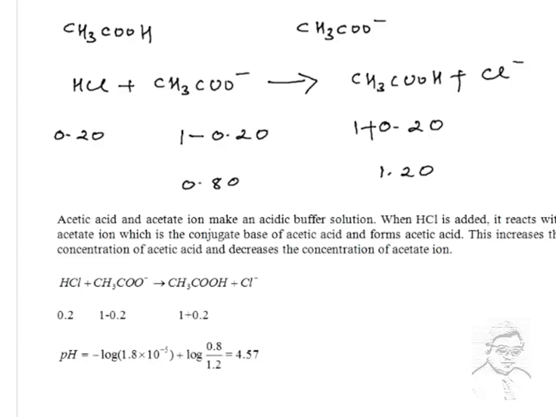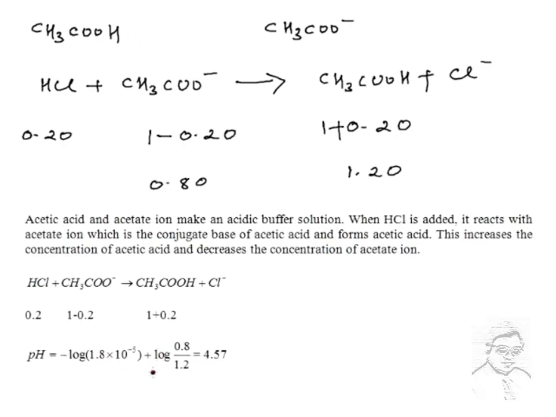The Ka value for acetic acid is 1.8 into 10 to the power minus 5. So minus log of that, then plus log of salt or anion, that is this 0.8 divided by acid, which is this 1.2, 4.57.